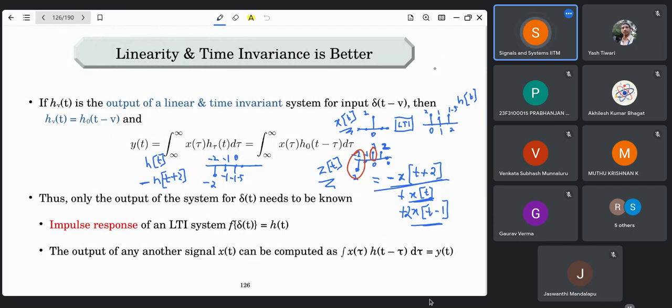I want to draw it underneath this. This is so messy.